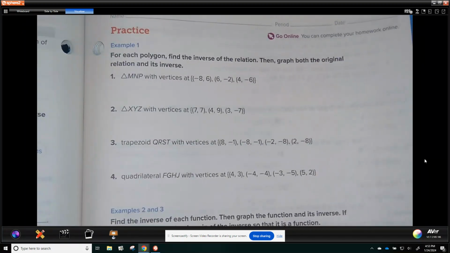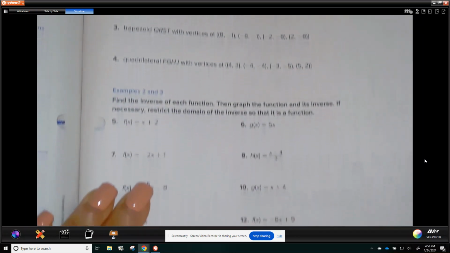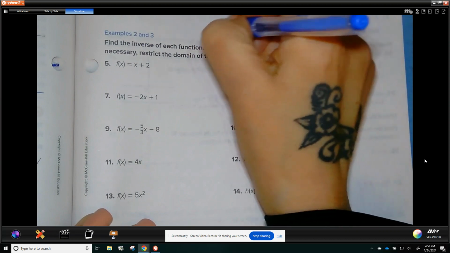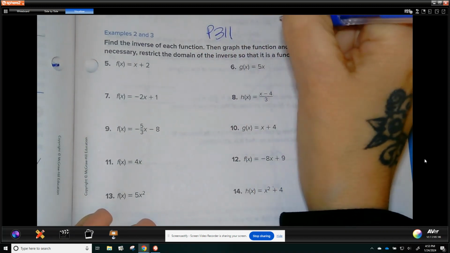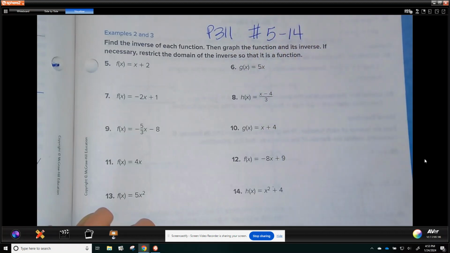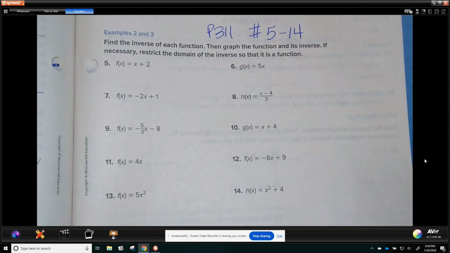I'm not going to do those. Your assignment is just here, example 2 and 3, page 311. And you are doing numbers 5 through 14. Okay? Thank you. Let me know if you have questions.